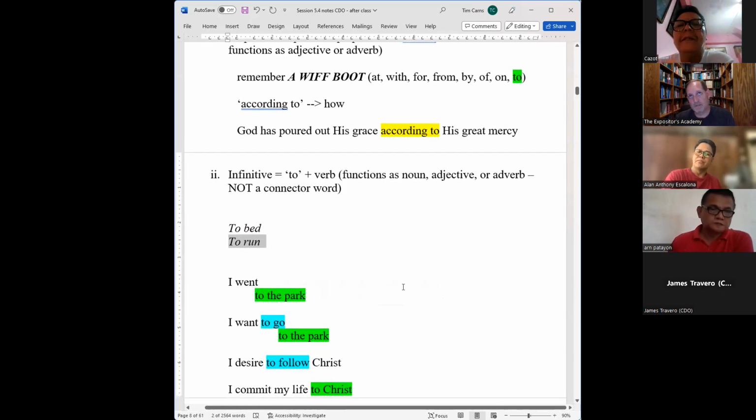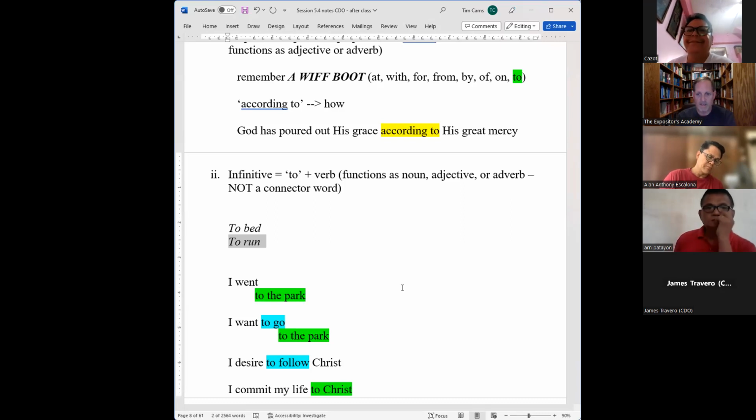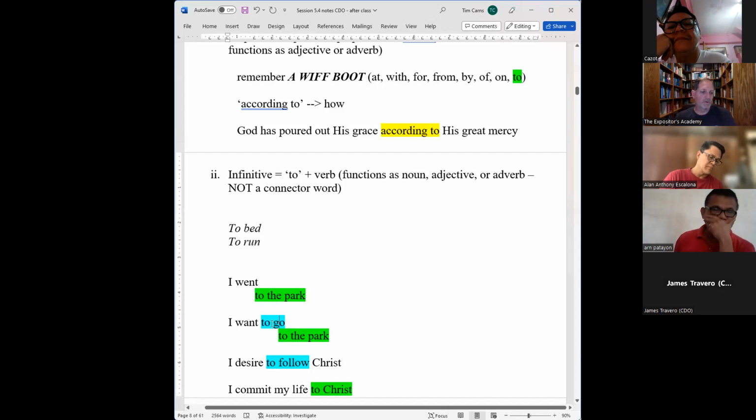Infinitives, they are Greek. There are infinitives in Greek. They function similar to those in English. Infinitives can be subjects, can be objects, can have a verbal idea like I want to go. But they're very versatile in how they are used. Okay.